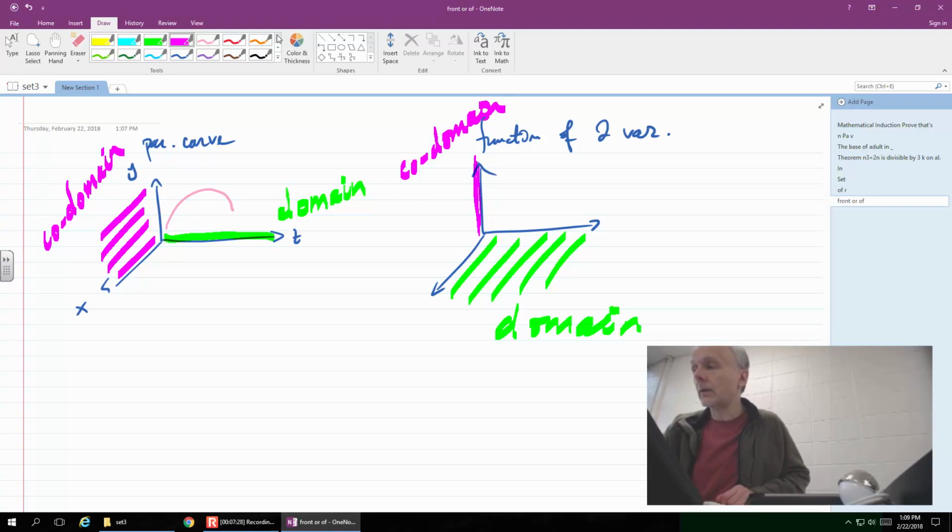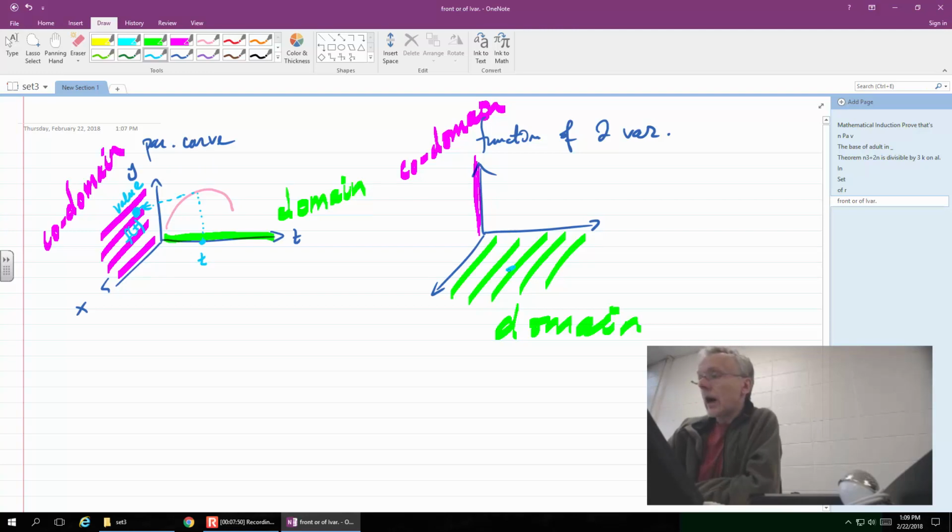Okay, and once again, the idea is that every t over here gives me a value somewhere in the codomain. So that's the value, say f of t.